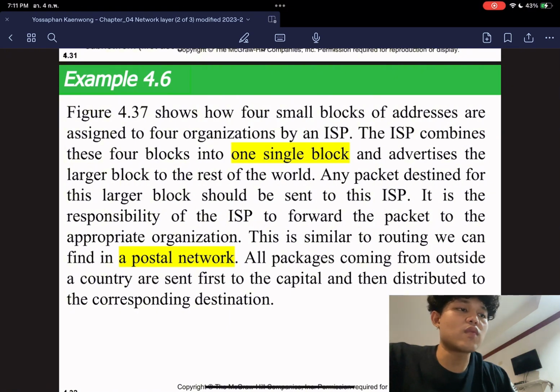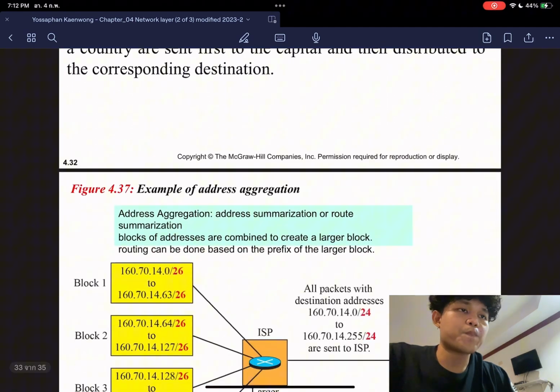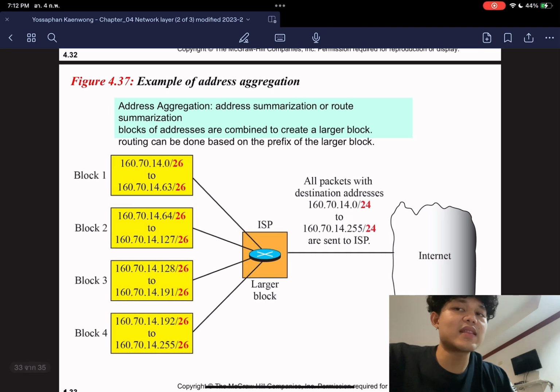It is similar to routing in a postal network. All packets coming from outside a country are sent first to the capital and then distributed to the corresponding destination. So this is an example of address aggregation.